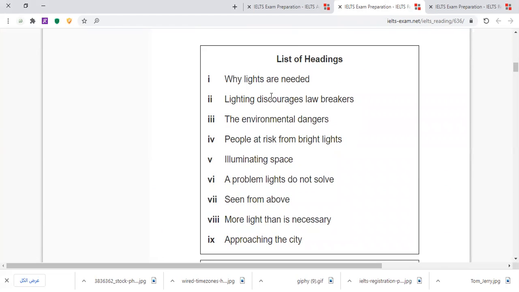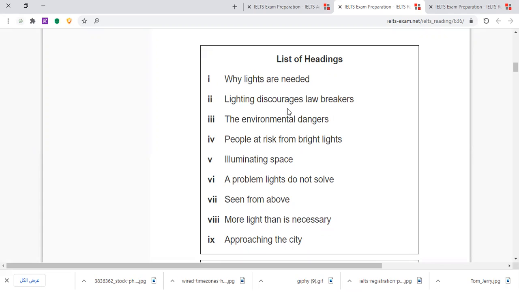Do you think that paragraph C talks about why lights are needed? No. So this one also is not with us. You see, we always filter the answers. It would be easier for us. Now we do it very slowly, but later you're going to find yourself doing it very quickly. Lighting discourages law breakers?